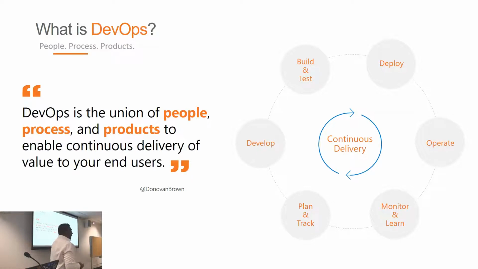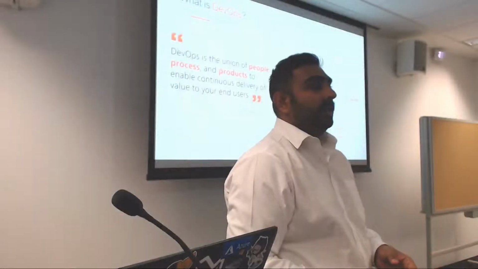And it's also a union of products in the sense that the stuff that the developers would use as end products, like they might use Visual Studio, they might use some sort of application-based NuGet packages or things like that. Whereas there's a lot of stuff that the ops guys would use, ARM templates, or PowerShell scripts. They might use a script to restore databases at one point of the deployment and things like that. It's different products.